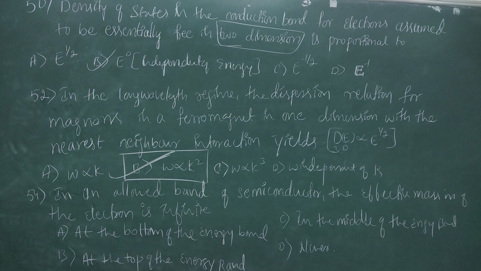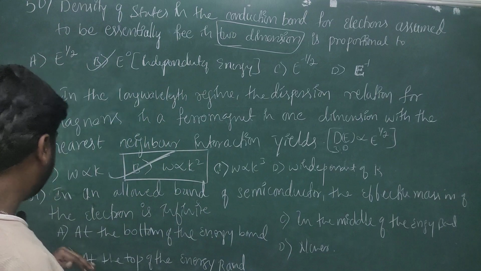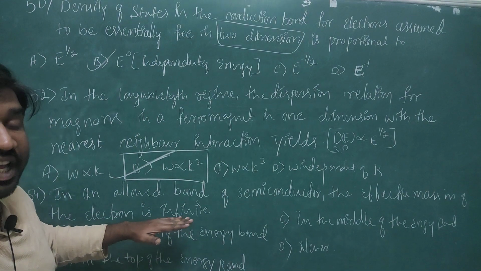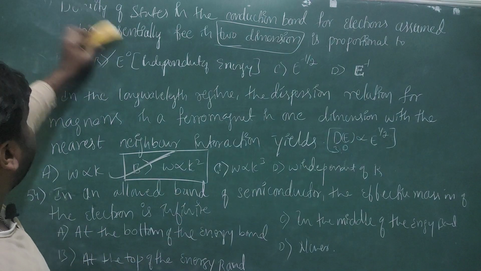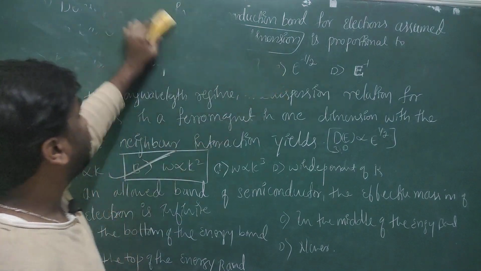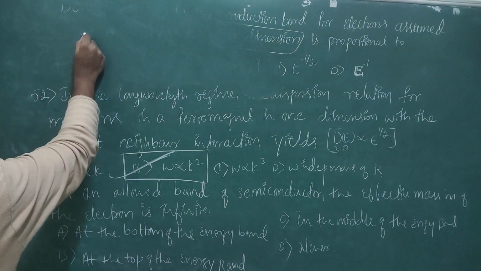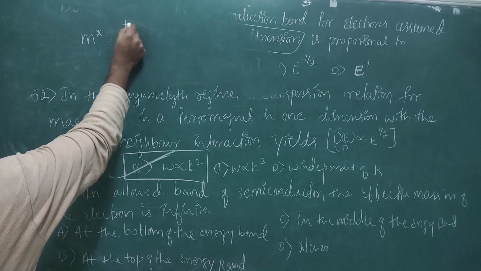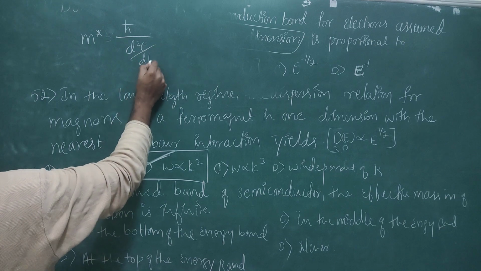Next, in an allowed band of semiconductor, the effective mass m of the electron is infinite. We know that the effective mass for a semiconductor is m star is equal to h cross squared divided by d square E by dk square.